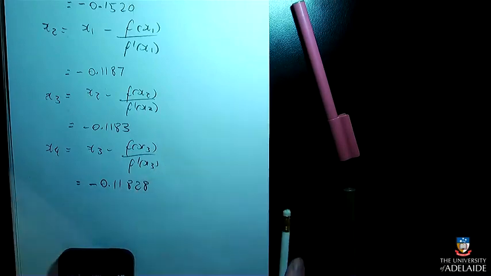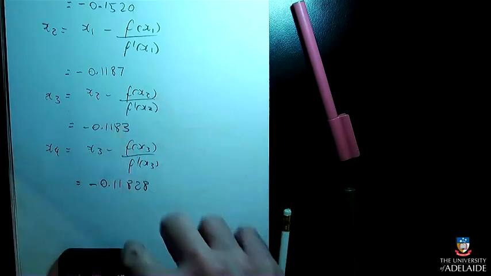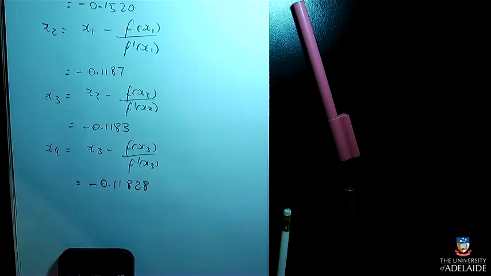Yeah, it is continuing to get smaller. I may want to do it one more time, but it looks like our third decimal place isn't changing now. So it looks like the 3 decimal places is 0.118.